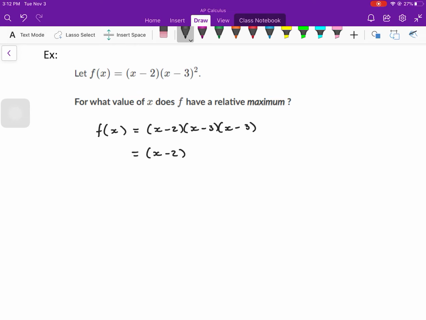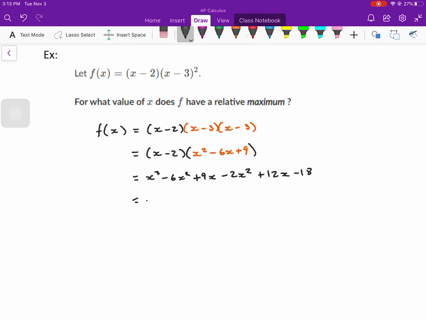So we'll have x minus 2 here. I'll distribute these two first to get x squared minus 6x plus 9. Then we'll distribute the rest of it. So x cubed minus 6x squared plus 9x minus 2x squared plus 12x minus 18. Combine like terms.